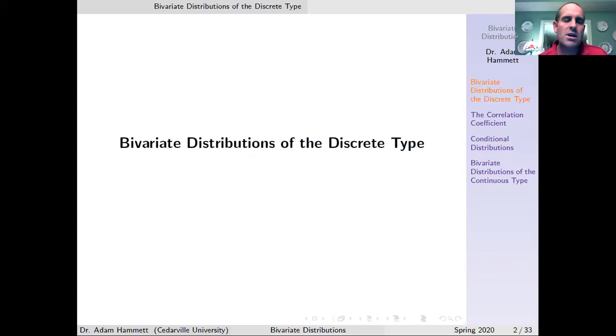First of all, we use this term bivariate to mean two variables. If we had a higher number of variables, we would just say multivariate distributions. We're going to be looking at the case where we have two random variables, each of which happens to be recording something about some random event that's underlying the situation at hand.